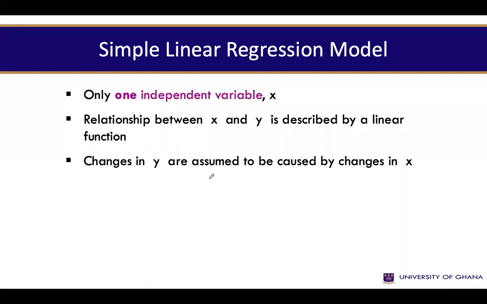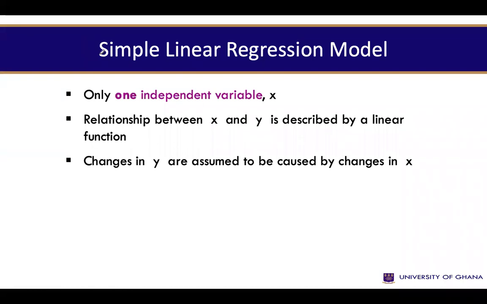But what we are going to do today and for now is basically use only one independent variable to predict the dependent variable, and we are going to call it the simple linear regression model.